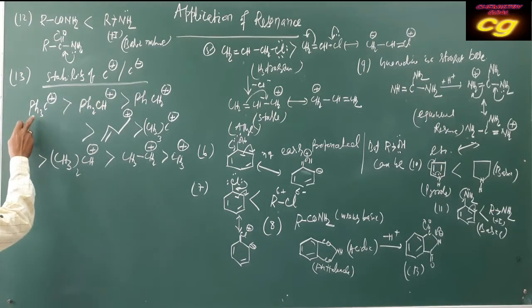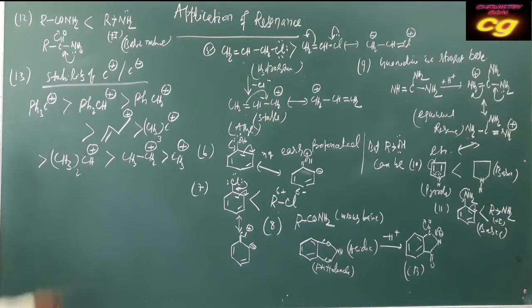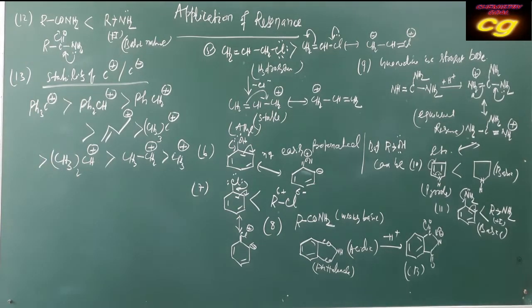Here, with 3 phenyl groups, resonance will be triple. 3 times of resonance, so that energy will be decreased. That's why stability is more.